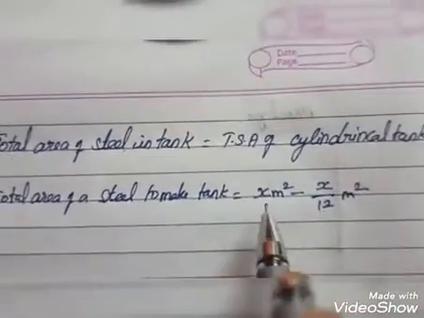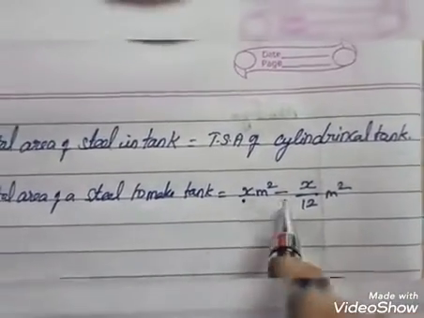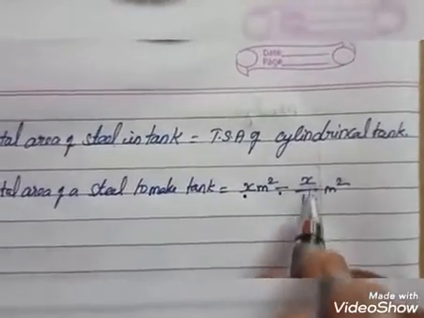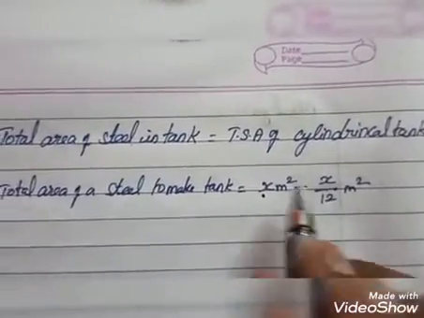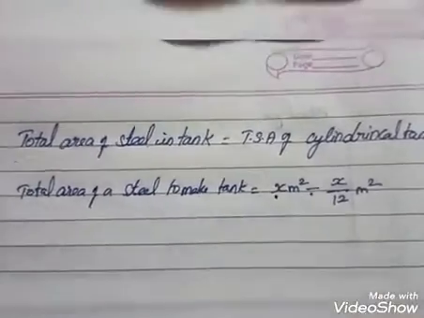That means total actual area of steel minus wastage. You have to subtract, means you get how much steel used to make tank.